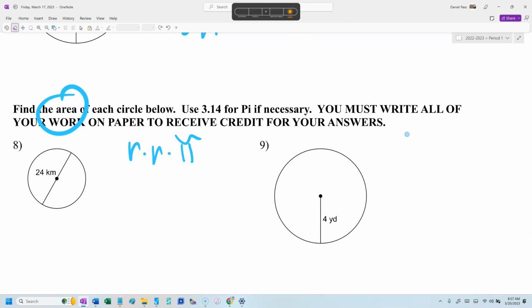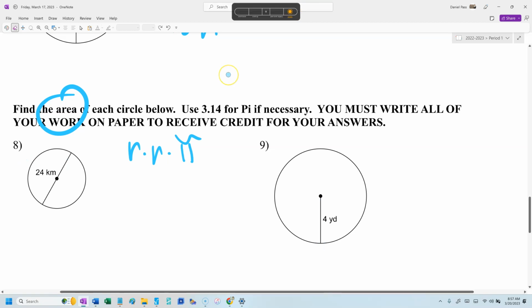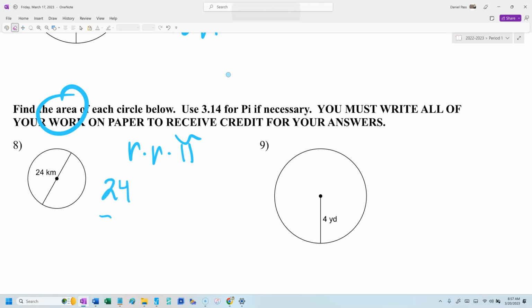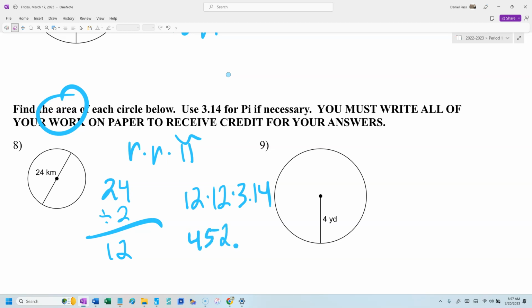So we need to find the radius. How do we find the radius? Divide by 2, right? So 24 divided by 2 is 12. And then we go 12 times 3.14. Right. And that gives us 452.16 kilometers squared because it's area, so it's squared.